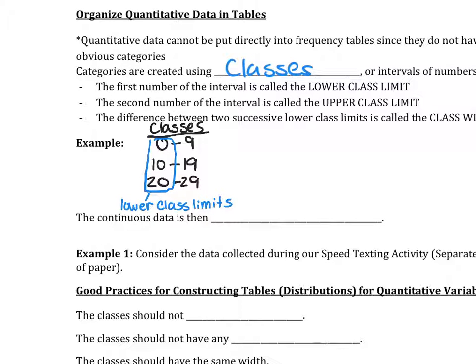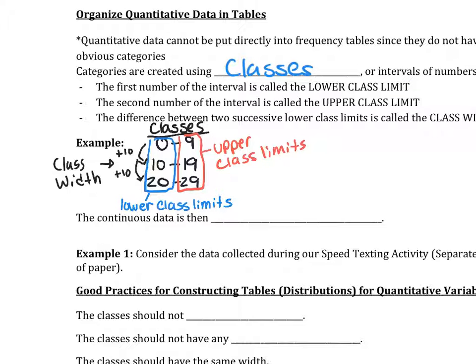Then the 9, the 19, and the 29 are the upper class limits. And then the class width is, if we look at our lower class limits, what we're going up by. So here we're doing 0 and we're adding 10 to get to 10. We add 10 again. So that means 10 is the class width.